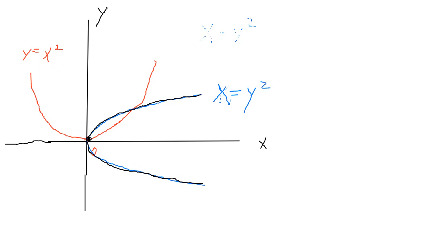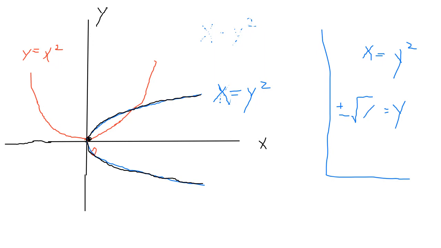And incidentally, if x equals y squared, then y is going to equal plus or minus the square root of x. So as Samuel recognized, this part of that sideways parabola is y equals positive square root of x, and the bottom part is y equals negative square root of x.